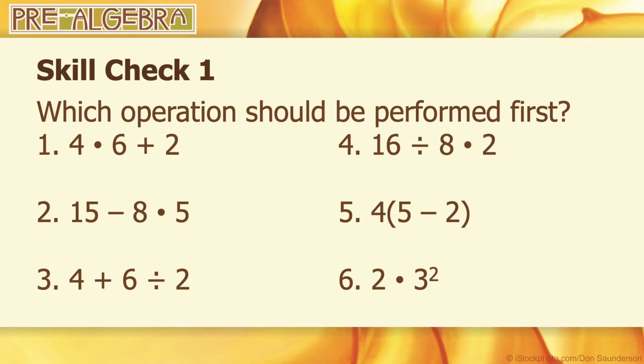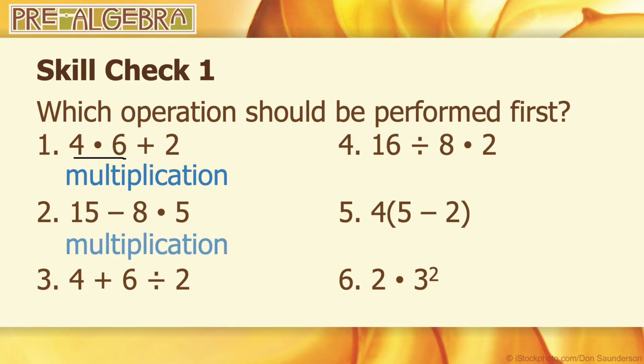Alright, so this skill check, we're just talking about which operation should be performed first. For number 1, it should be this guy. That's multiplication. Number 2, also multiplication. Number 3, division.